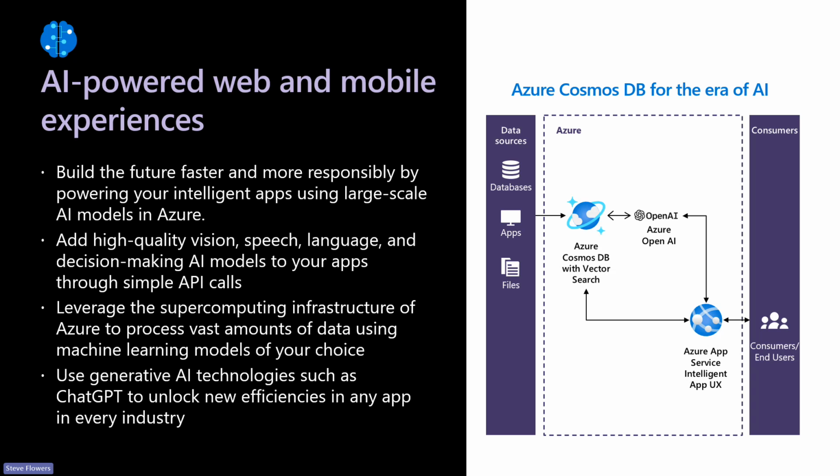Additionally, we need to implement vector search on top of that data, because the most common pattern in AI right now, at least for generative AI, is the RAG pattern, retrieval augmented generation, where we go and get some hints about our data and we feed that to OpenAI so it can help the conversation along, and OpenAI can know about our data while it's responding to users.